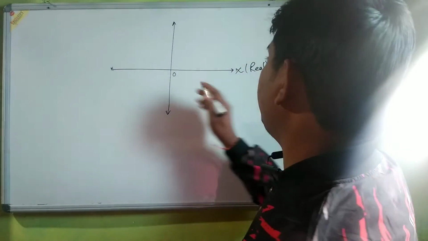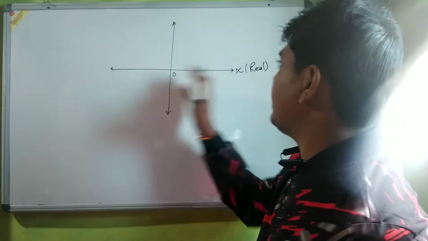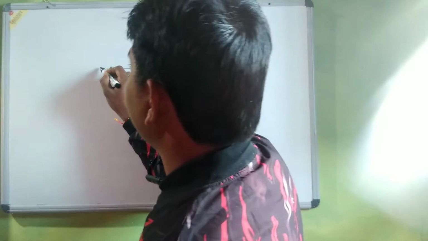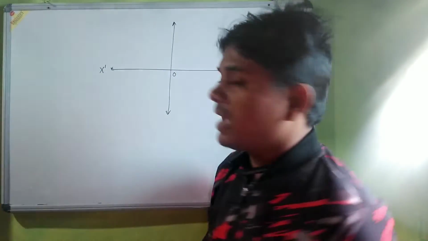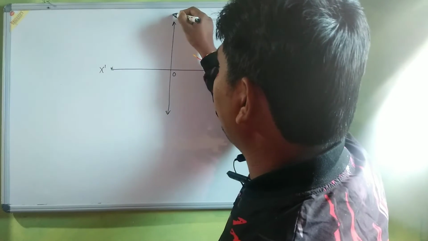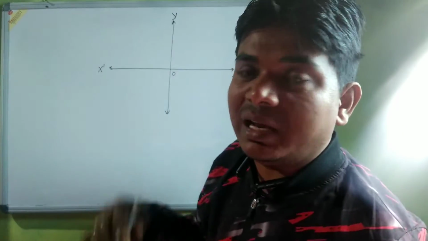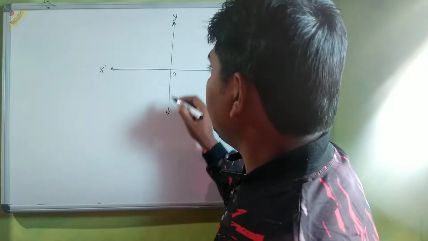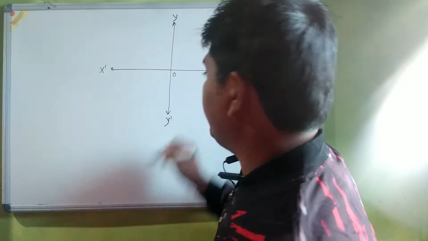Here we can see the right side of the origin is the real axis and the left side of the origin is the imaginary axis, and this is x dash. Just above the origin is the y-axis, where all the positive values will lie, and all the negative values will lie just below the origin, that is y dash.